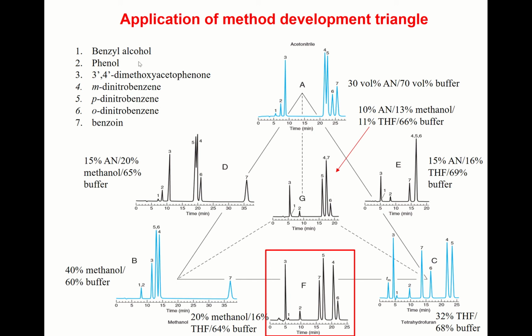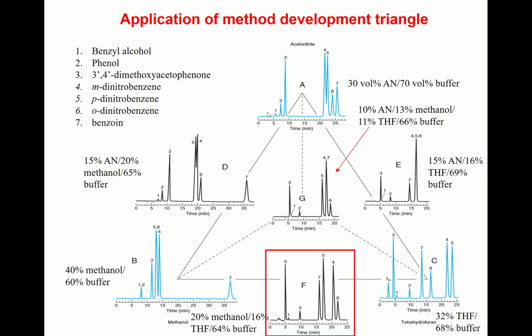So you want to separate these species very well, using the combination of the organic solvents. You have to decide what solvent or what solvents you are going to use. So the first one is acetonitrile and water, the aqueous buffer mixture.